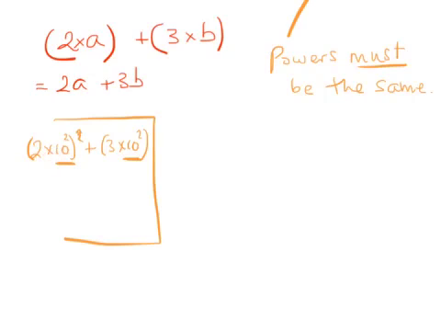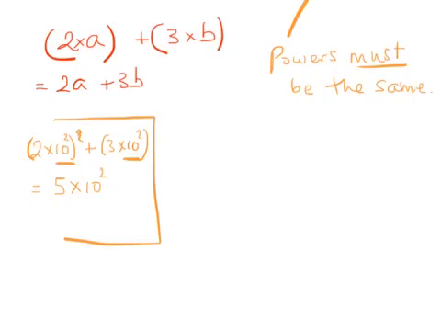And we've got 2 apples plus 3 apples, that makes 5 apples. So you can see that it's quite possible to say that this is 2 plus 3, which is 5, and the times 10 to the 2 doesn't change because apples don't change. When you're adding 2 apples plus 3 apples, it still makes apples. So in other words, if we make the power the same, we can add them.